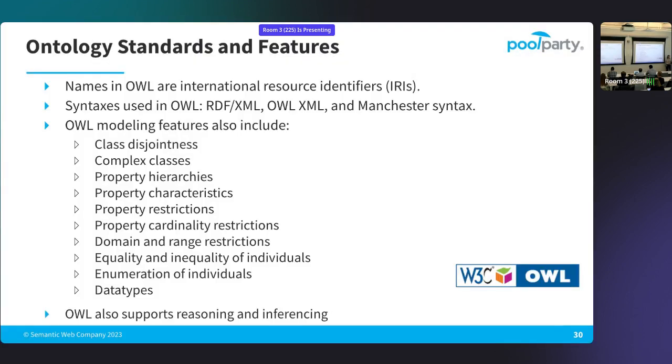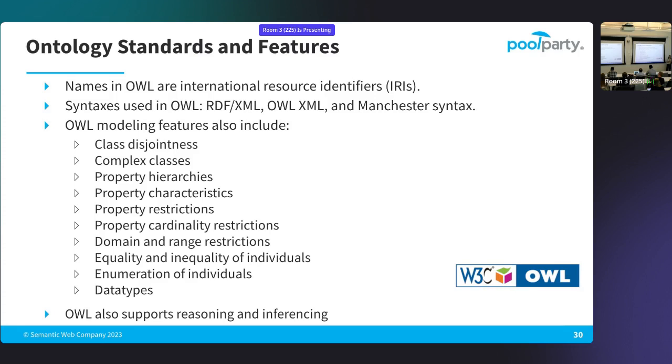Now, there are a few other features about ontologies. If you're familiar with them, you know all about this. URIs are actually IRIs. Everything has an identifier, and there are different syntaxes, so RDF/XML or OWL/XML. There's also Manchester syntax, so you can go beyond just RDF.